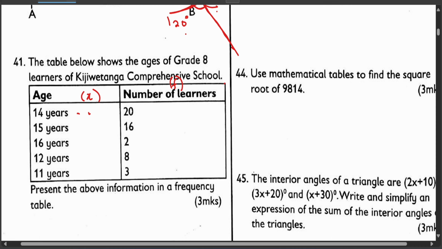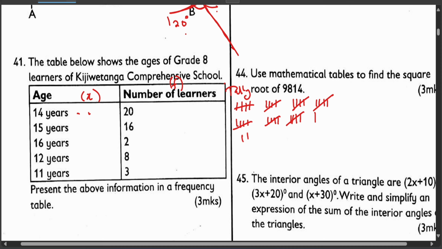Even if you try to draw a tally, you can also decide to draw a tally, which is like this: 1 2 3 4, that's 5. Another 5, that's 10, another 5, that's 15, another 5, that's 20. Now the 16 is the same thing: three groups of 5, and just 1.